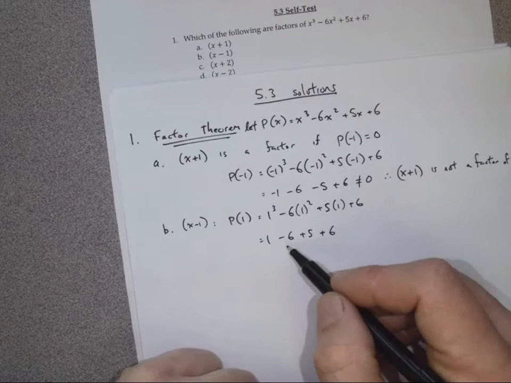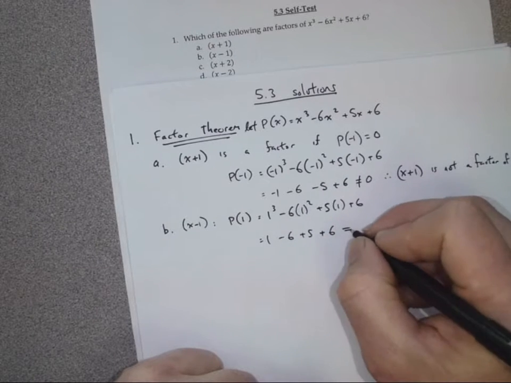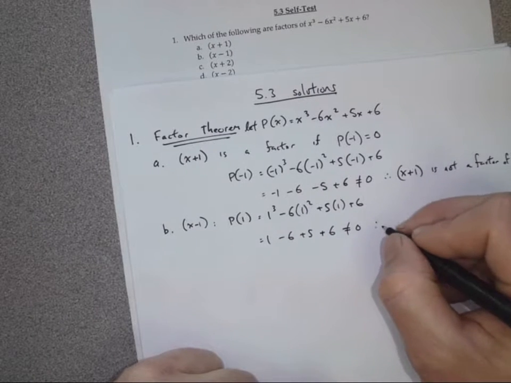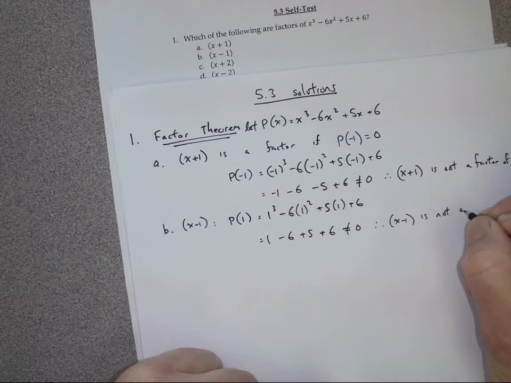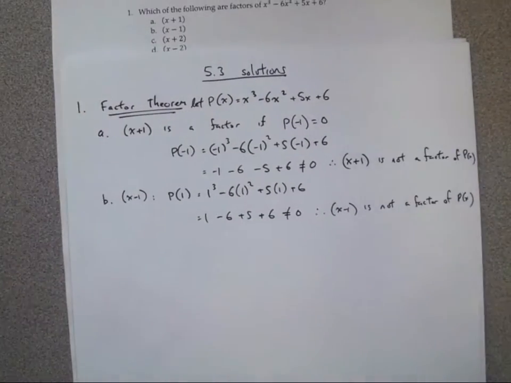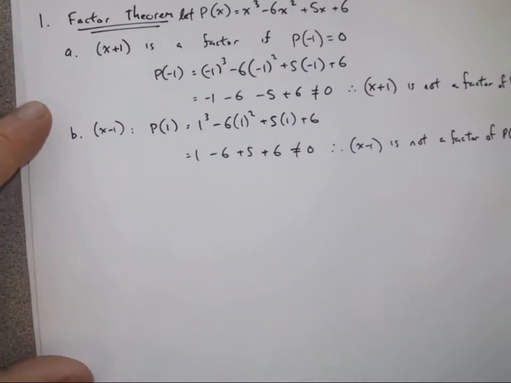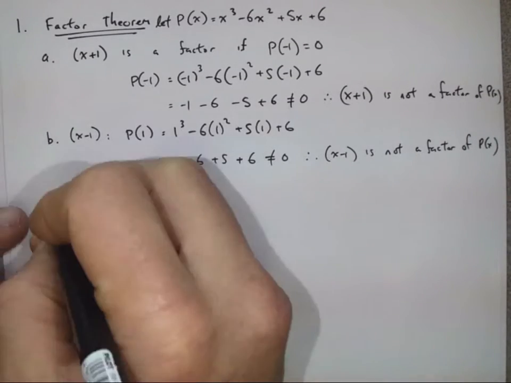Everything's positive here except for one negative term. And that negative term is not big enough to counteract all that positivity. So that's not equal to 0 either. Therefore, x minus 1 is not a factor of p of x. Oh, oops. All right, I'm going to zoom in a little bit and focus that. All right, let's keep going.